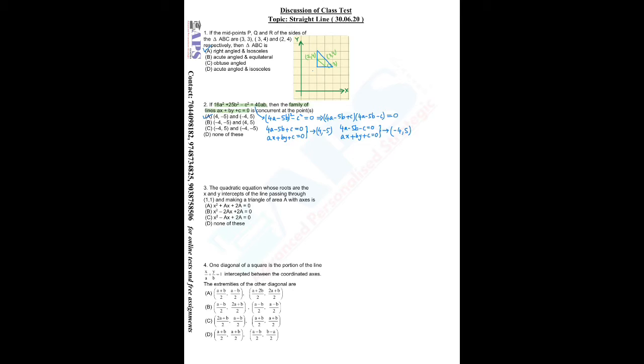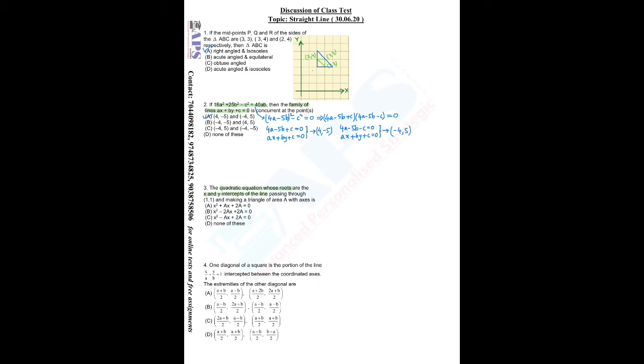That was question number 2. Now in question number 3, the quadratic equation whose roots are the x and y intercepts of a line is involved. So let us say the x and y intercepts of a line are a and b and they are the roots.